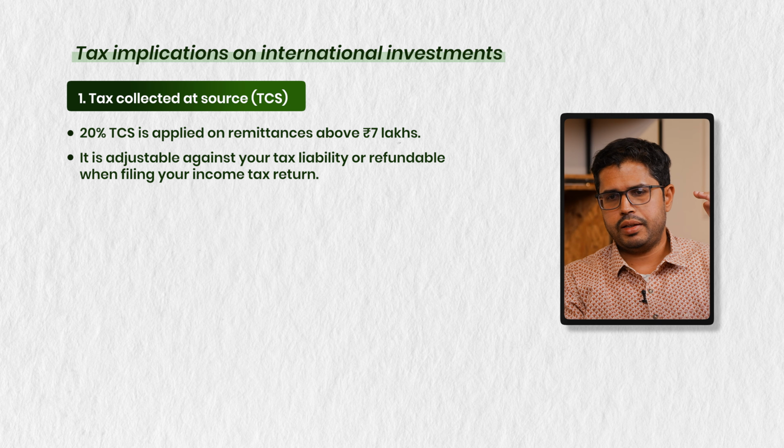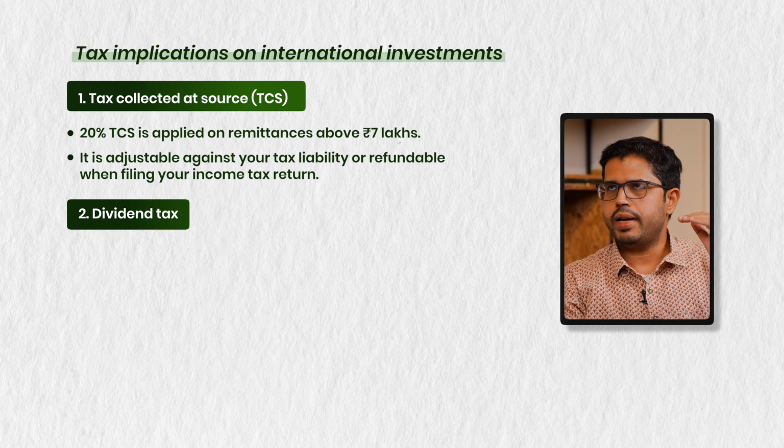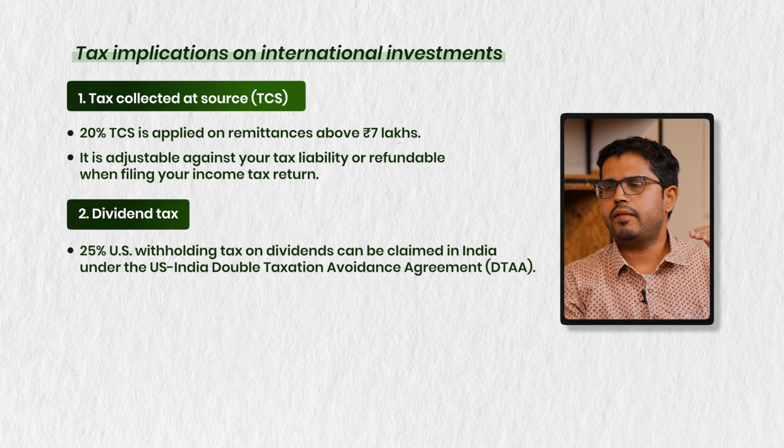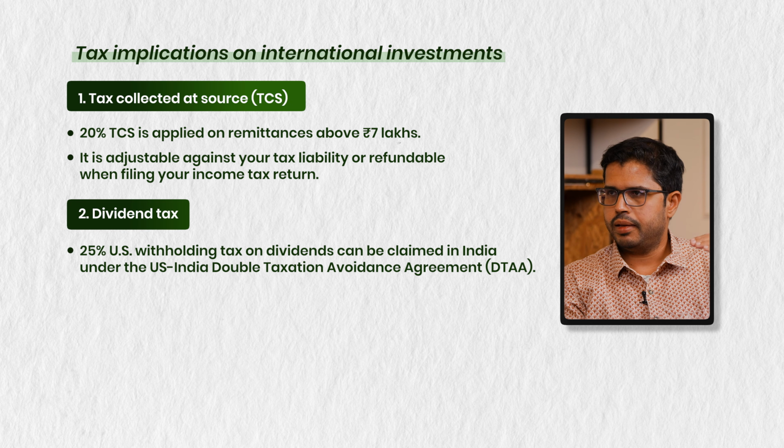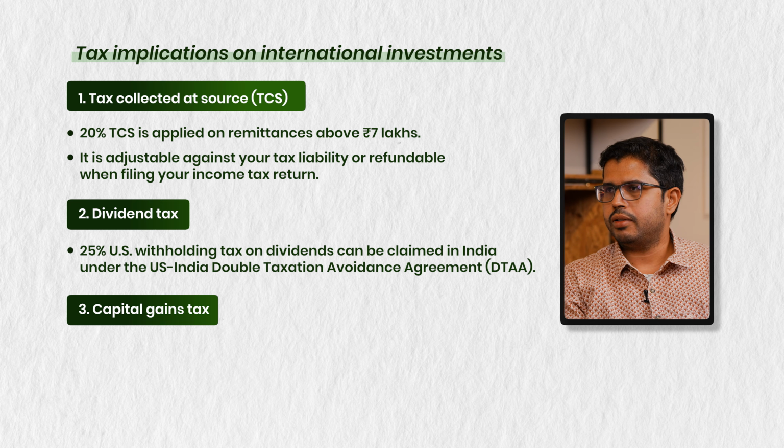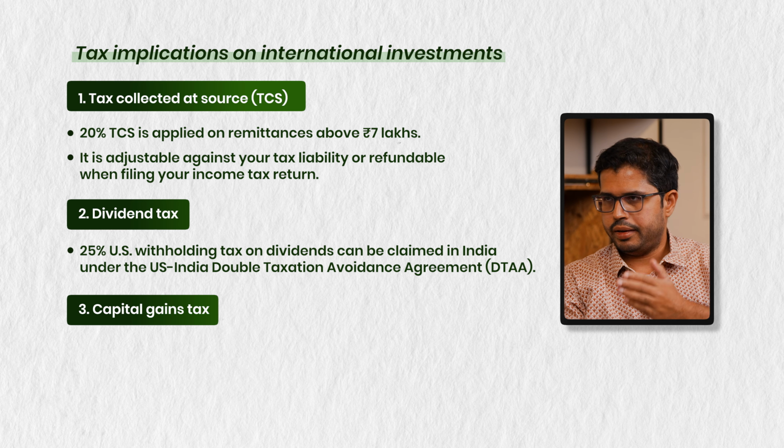The second tax is on dividends. The US has a 25% withholding tax on dividends. Thankfully, there is a US India Double Taxation Avoidance Treaty, or DTAA, so you can claim that withheld tax in your Indian income tax return. The third is capital gains. When you buy and sell your stocks or ETFs in the US, you're liable for tax on those in India.